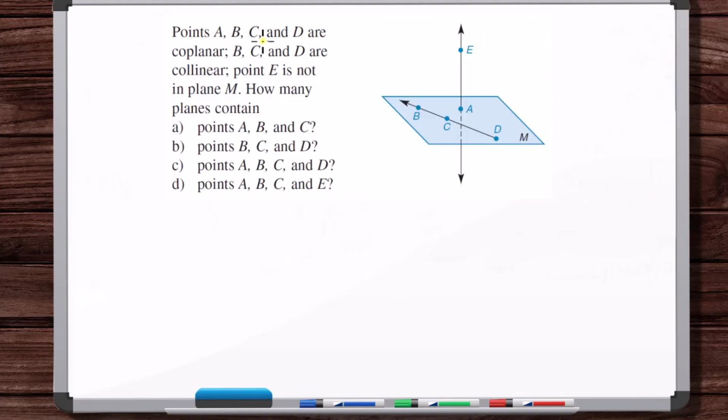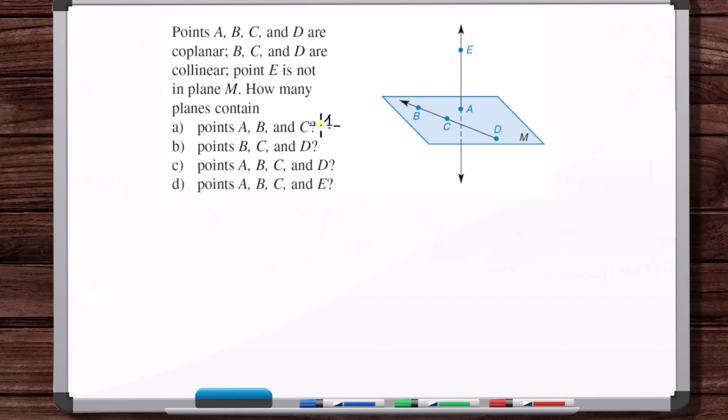Points A, B, C, and D are coplanar. We can see that they're in plane M. B, C, and D are collinear. Point E is not in plane M. So how many planes contain points A, B, and C? A, B, and C are not collinear, so they're three unique points. Three non-collinear points define one plane.